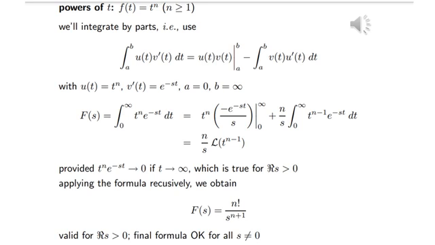Similarly, for t raised to power 4 and t raised to power 5, we can find out any power of t converted into F of s with this formula.